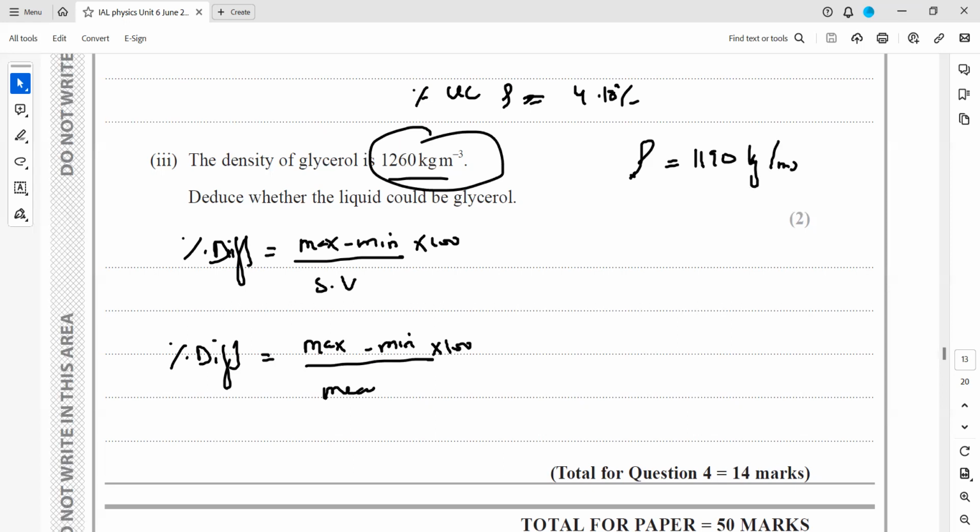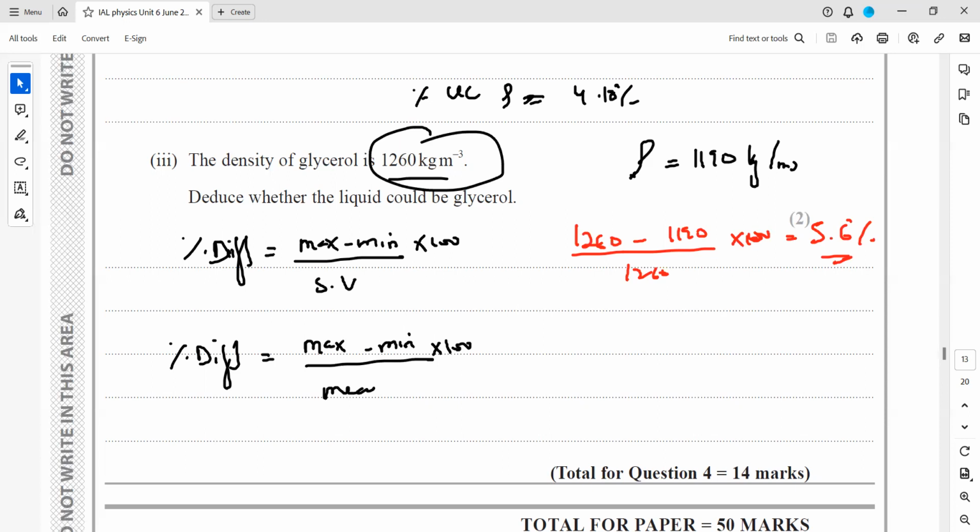Now we want to calculate the percentage difference. Of these two, 1260 is the maximum, 1190 is the minimum, and we have the standard. So we'll write 1260 as the standard, into 100. When we multiply, it will be 5.6%.